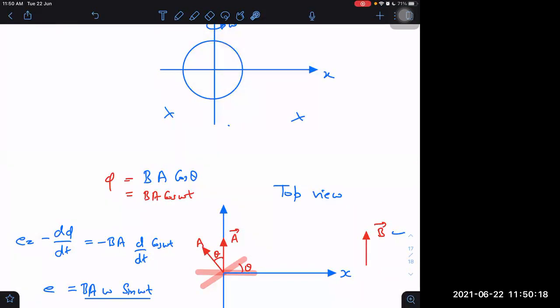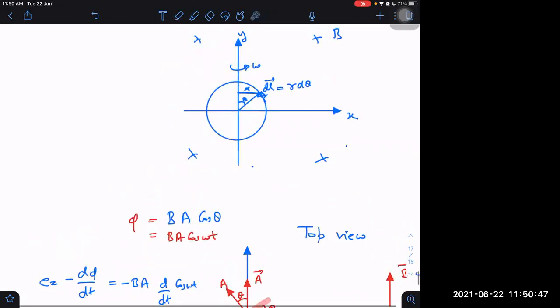VBL will be there. What would be the value of VBL? If you find it that way, let us say there is a small element here with length DL, and I want to find the EMF induced in the small element. Then I will write the formula. The velocity of this small element, at angle theta, DL will be equal to R d theta, and X is the radius of its rotation.